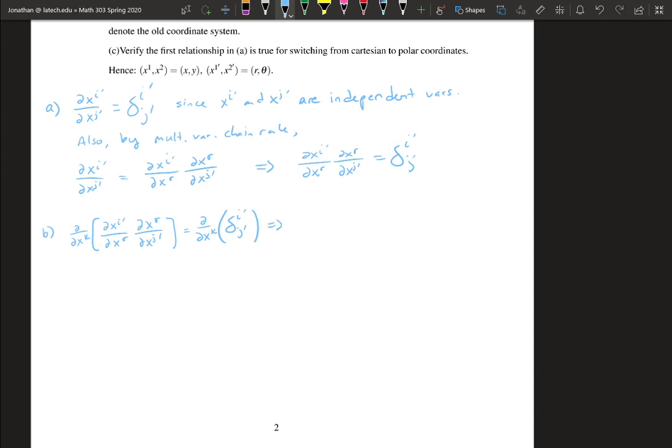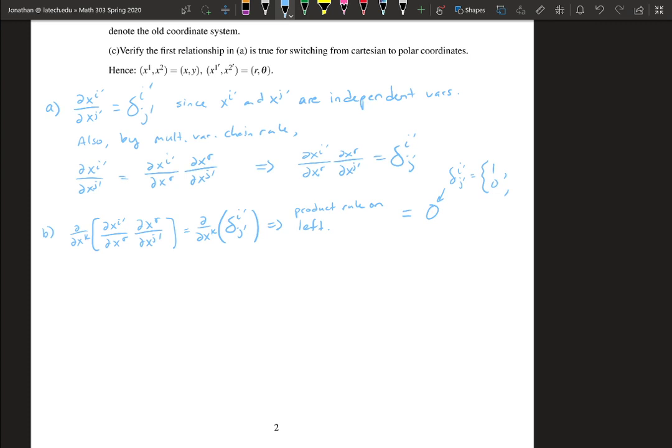Well, on the left it's a product rule, and it equals 0, because on the right you're just taking the derivative of a constant. Delta i prime j prime equals 1 or 0. So either way, its derivative is going to be 0. No matter which variable xk you differentiate with respect to, the derivative is going to be 0.